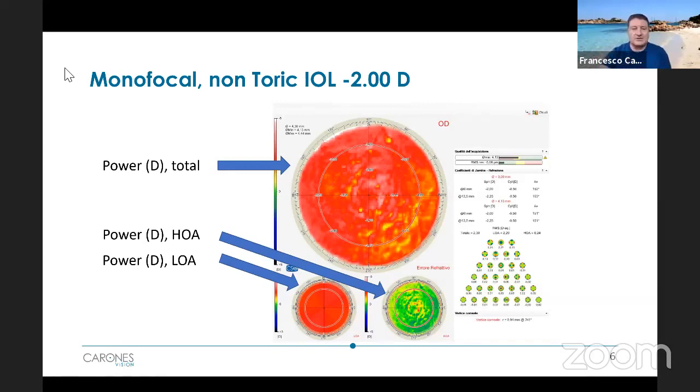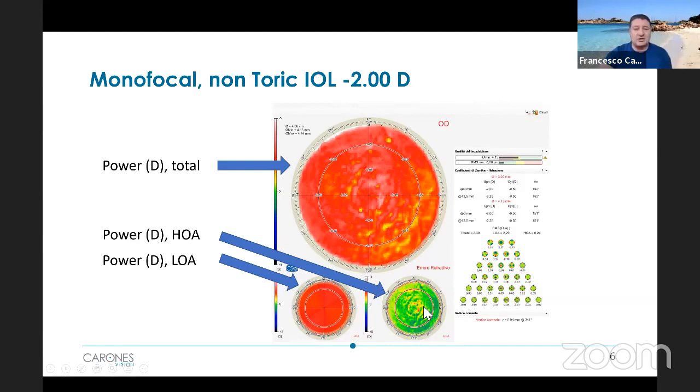And reminder, this is a -2 non-toric IOL, so the map entirely reads slightly red. I don't know if you can read here. Red means myopic. And here you see the dioptric power map of lower aberrations. In this case, it's totally red because, as I said, the myopic outcome is there.